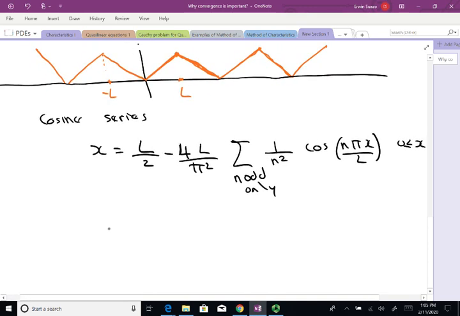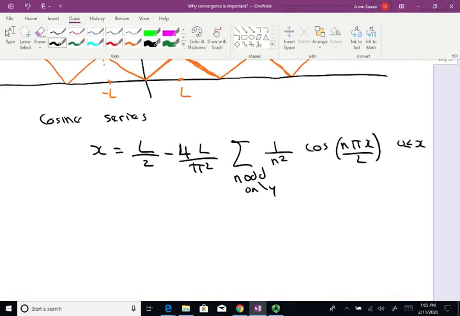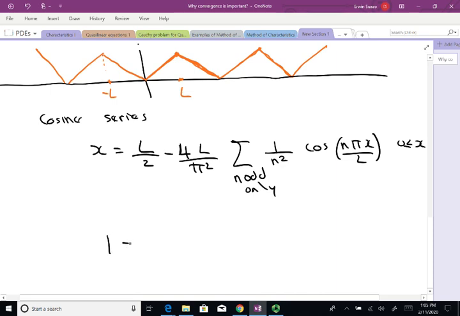So if I find the derivative of this guy, the derivative of x is 1, the derivative of L squared is 0, and the derivative of this is a constant, so it's minus 4L over pi squared. Now I change the derivative: I'm just going to interchange and put the derivative inside the sum.